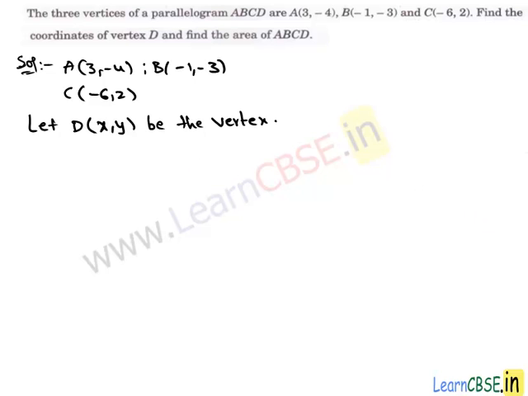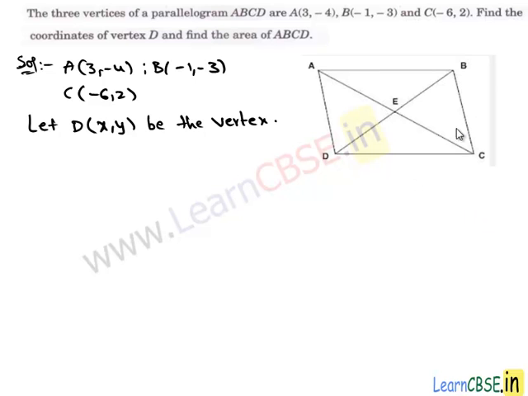We consider a parallelogram ABCD whose diagonals intersect at point E. One way to find the vertex D is to use the property of a parallelogram. What is its property? In a parallelogram, the diagonals bisect each other.